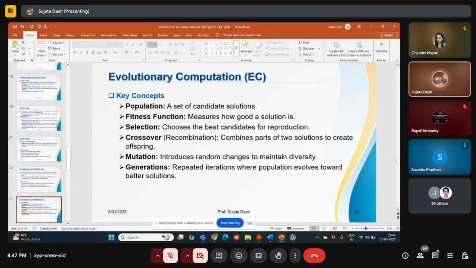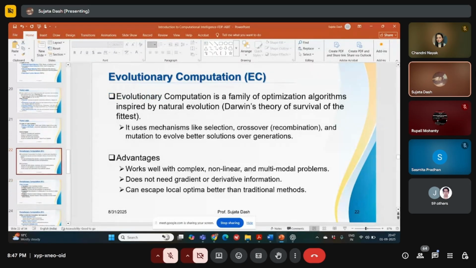So, what are the advantages of using evolutionary computation? It handles complex problems. It works well for nonlinear, multimodal, and high dimensional problems.